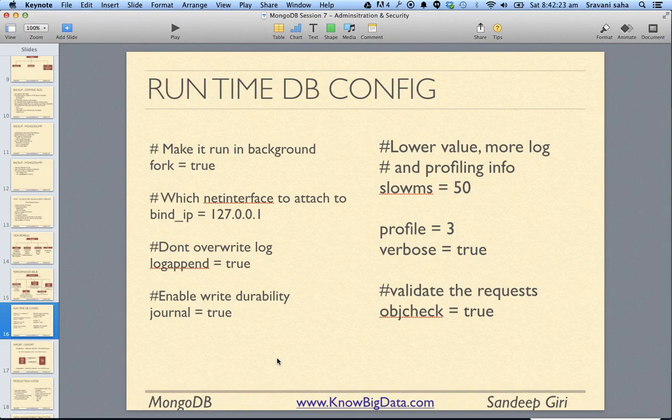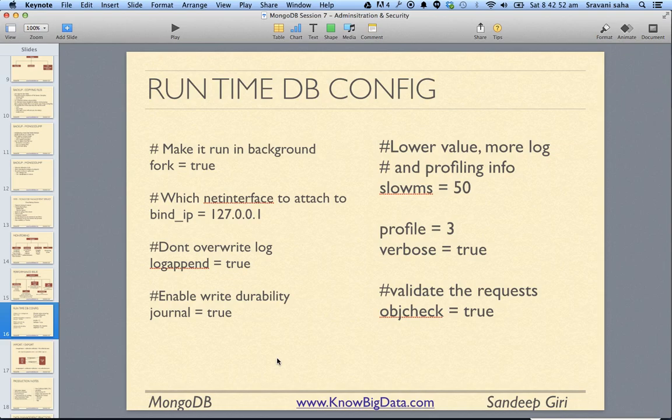If you say slowms equals 50, it will slow down the profiling. The slowdown as in every 50 milliseconds should it profile, or start profiling at 1 millisecond and all that. So the lower the value, the more log and profiling information will be generated.